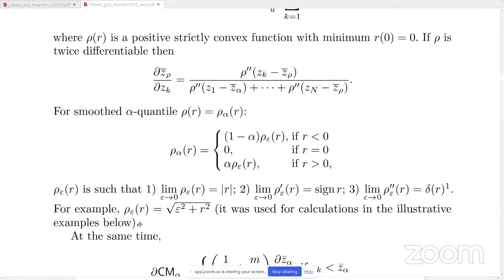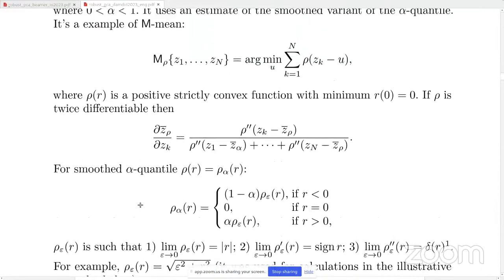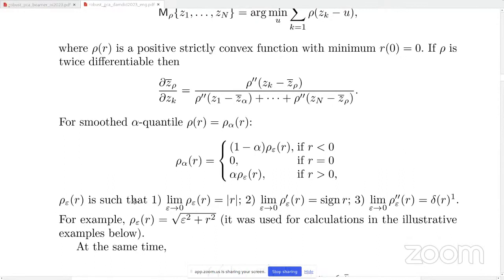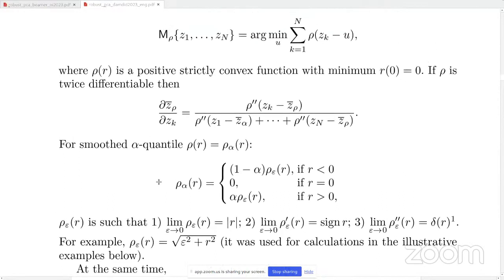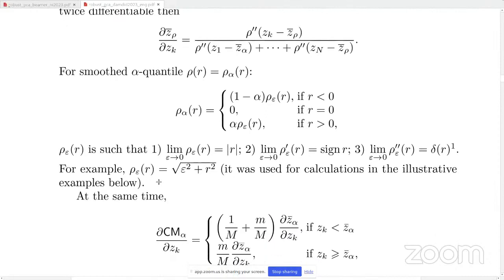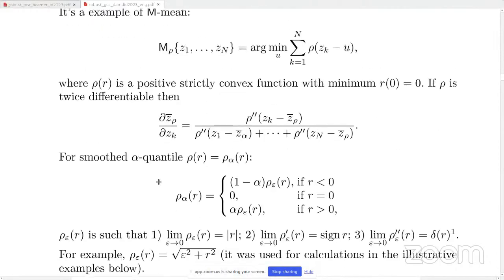If epsilon is small, then we have the smooth variant of median that has derivatives and is differentiable.